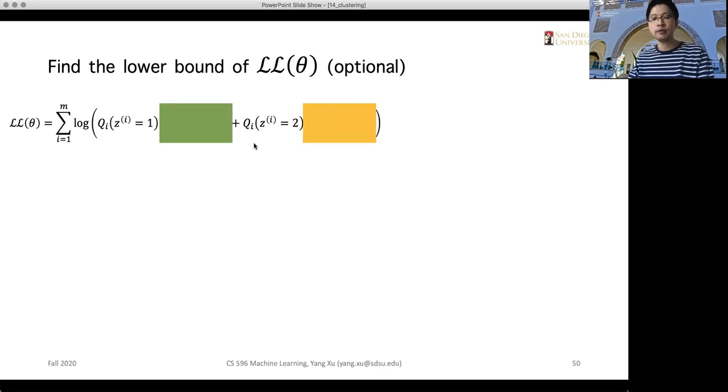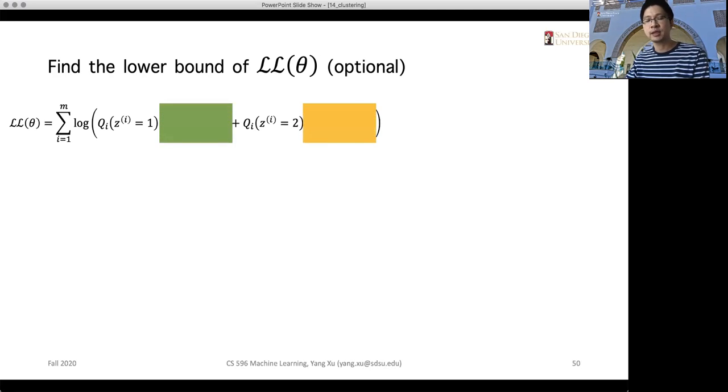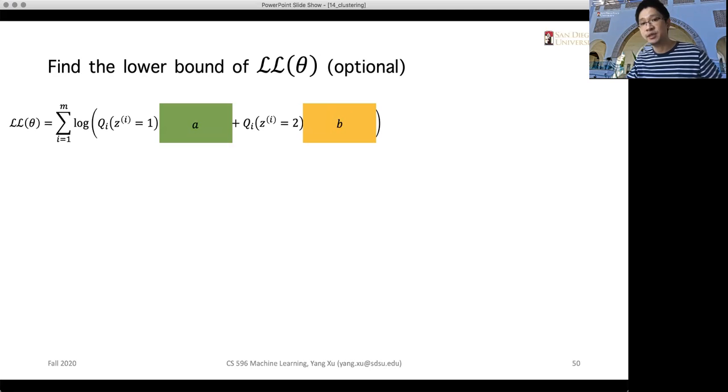Okay, so now we can think of these pretty complex probability terms as simple forms such as a and b, right? So it's the logarithm of q equals 1 times a plus q equals 2 times b. The q are probabilities, right?